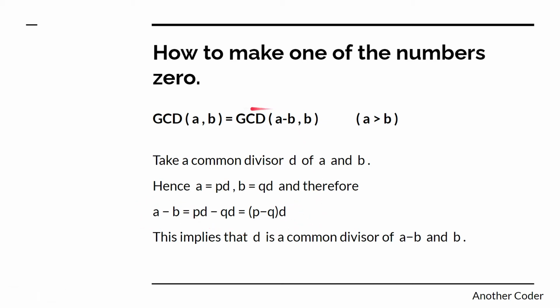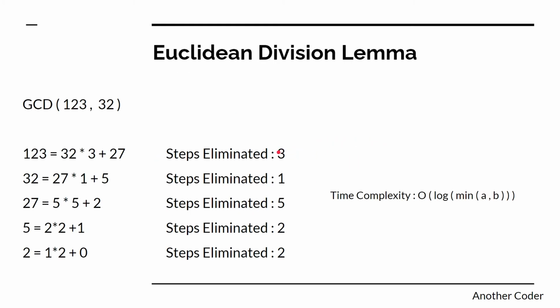Again, we took a number d which was originally the GCD of a and b. Now this number d is also a divisor of a minus b. This implies that d is a common divisor of a minus b and b. So GCD of a and b can be represented as GCD of a minus b comma b, and this condition will hold true, and we'll keep on doing this until one of those numbers is 0. And if one of those numbers is 0, the other number would definitely be the GCD, right?